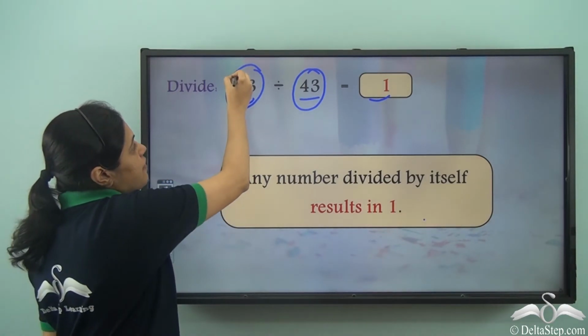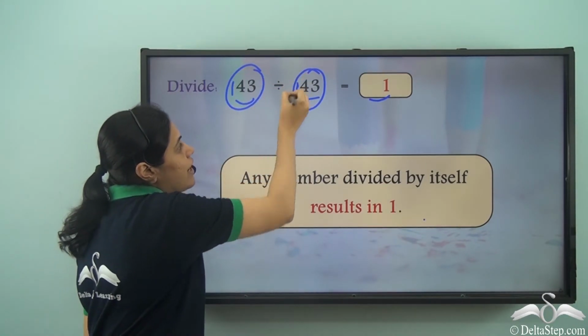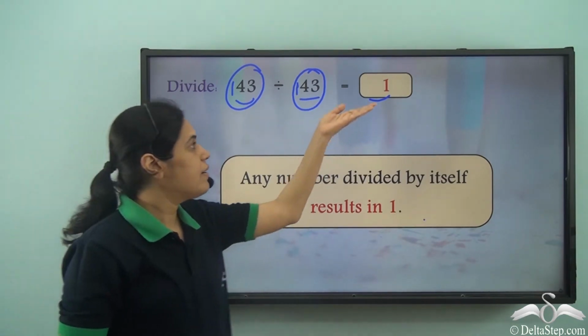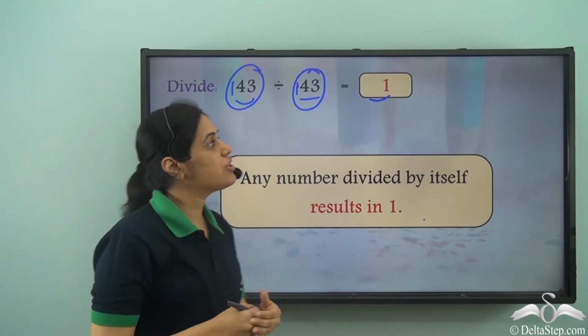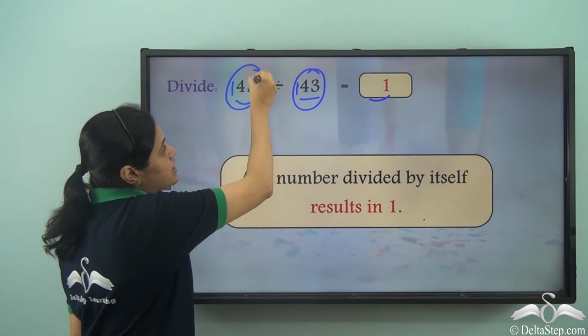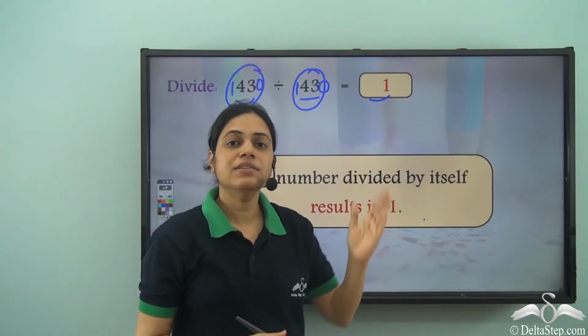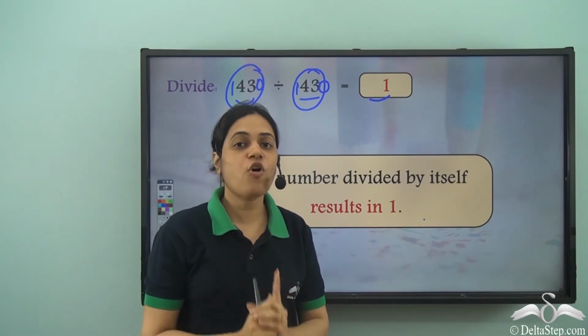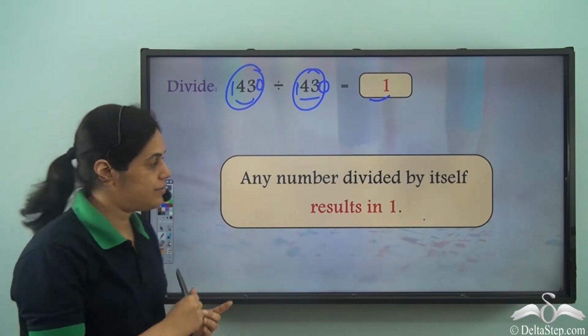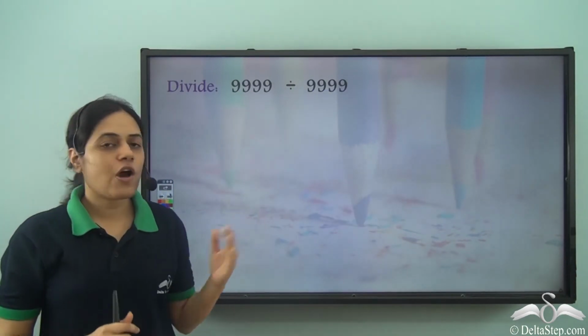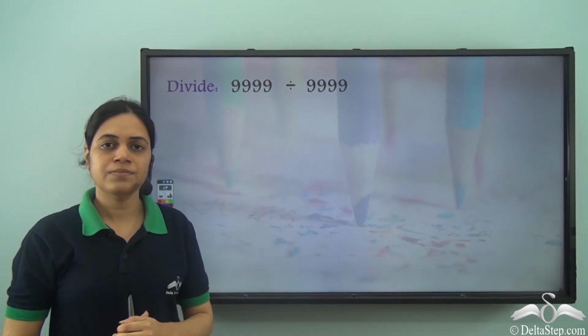So if I have 143 divided by 143, my answer doesn't change. If I have 1430 divided by 1430, my answer again doesn't change. It always remains 1.